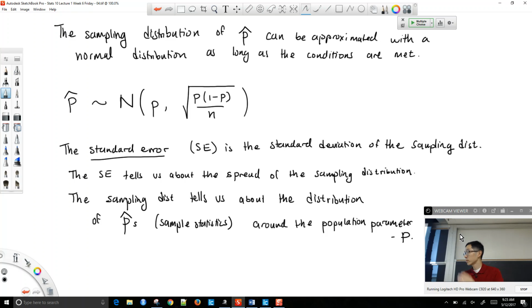Okay, so we can think of the standard error as a way to describe how good of an estimate p hat is for p.